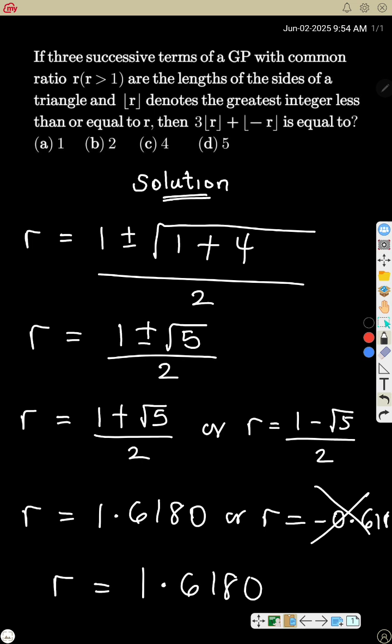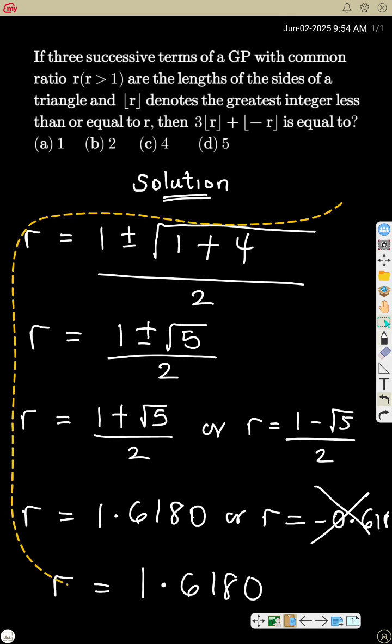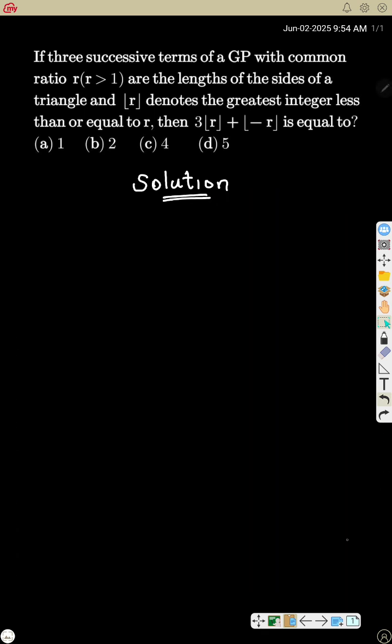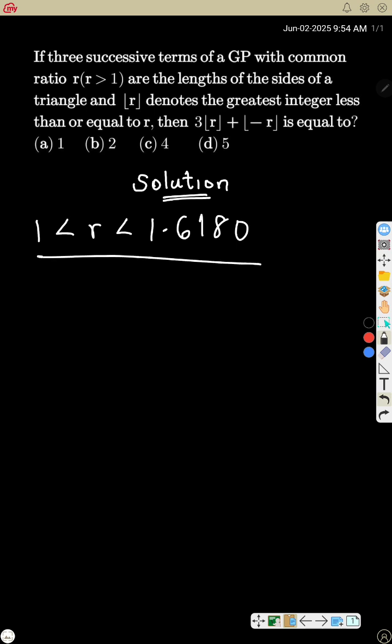Since it's an inequality we are trying to solve, I can put this in a range. For the real inequality, the answer will be minus 0.618 less than R, and R less than 1.6180. So this should be the answer for the inequality, but we don't actually need all the solutions.